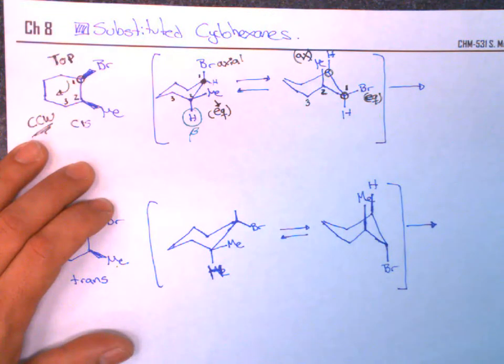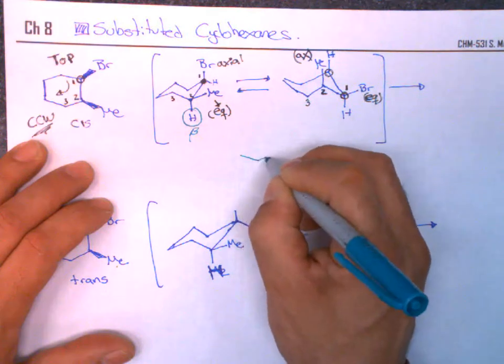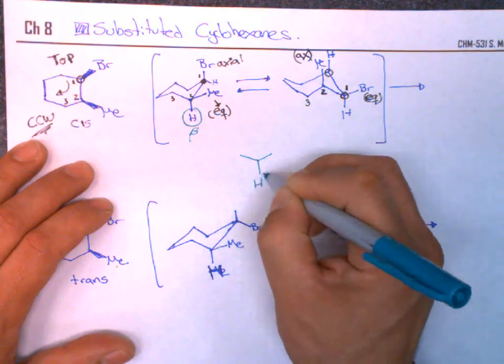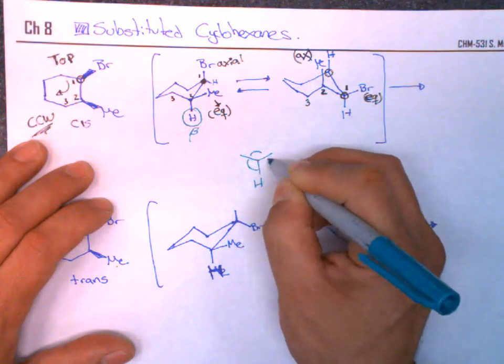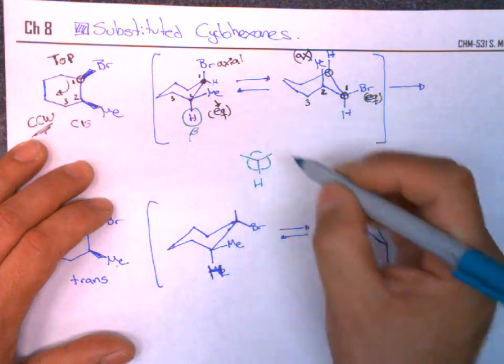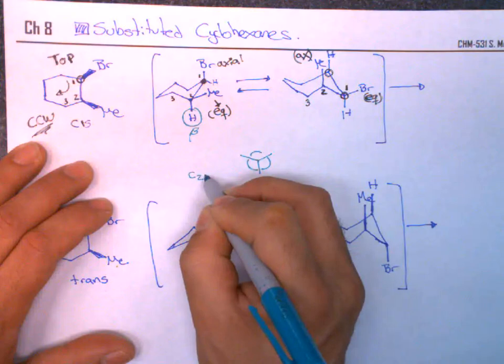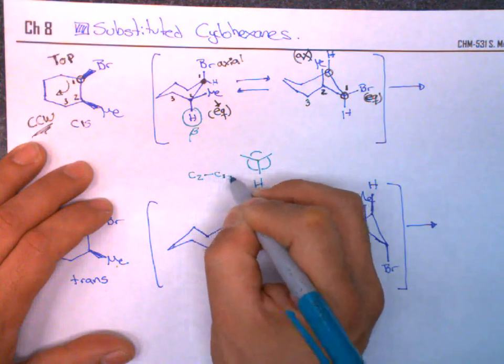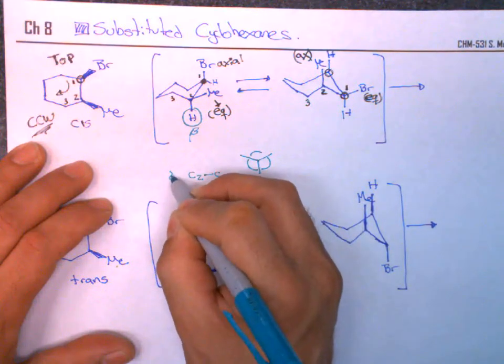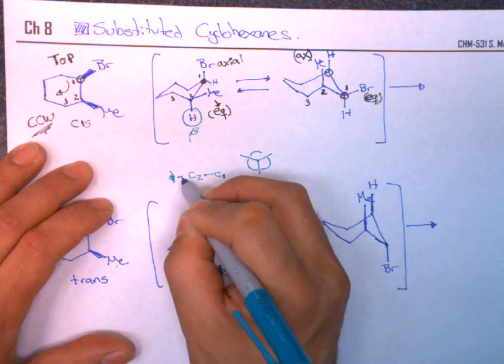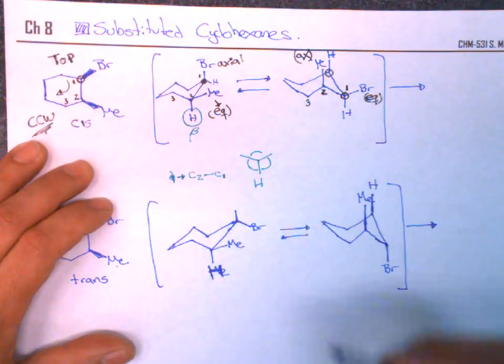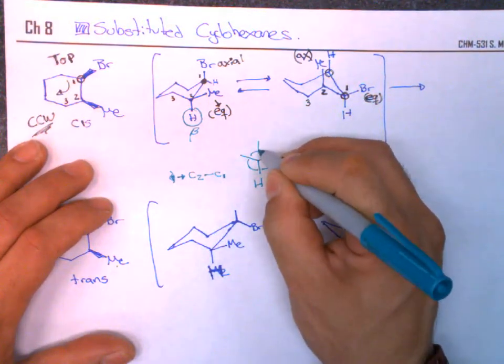Are they anti-periplanar or not? We're going to look down carbon 2 to carbon 1. We're going to put our eye, and we're looking down this way.